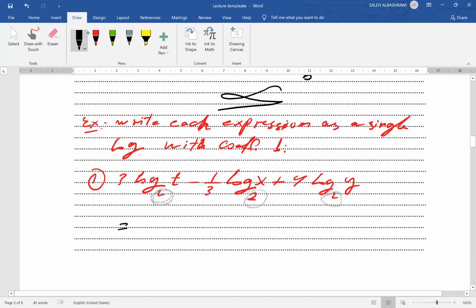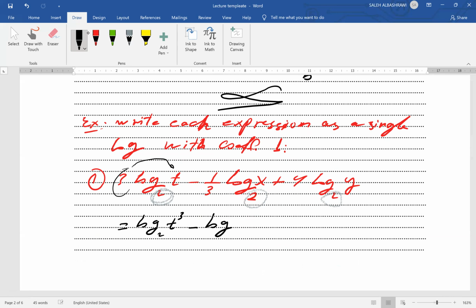I'm going to use the power property, so I can write it as log base 2 of t to power 3 minus log base 2 of x to power 1/3 plus log base 2 of y to power 4.